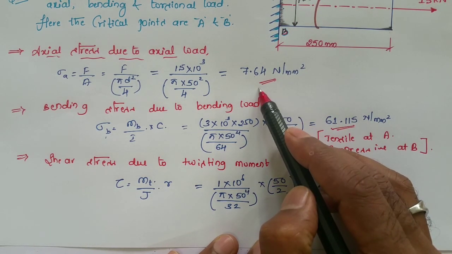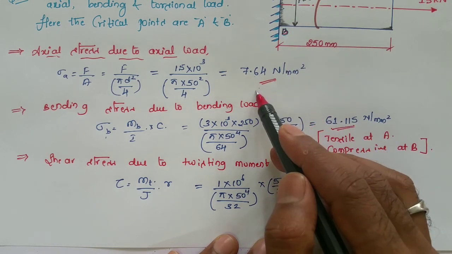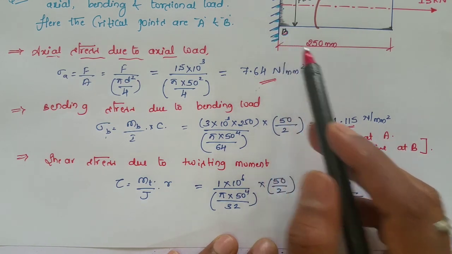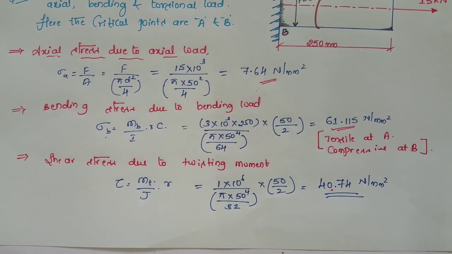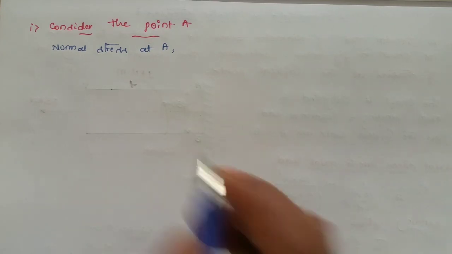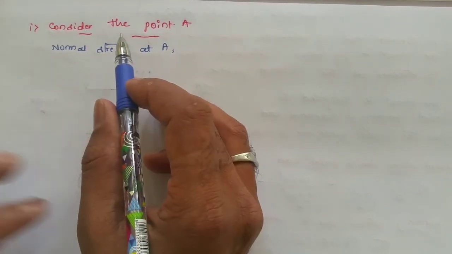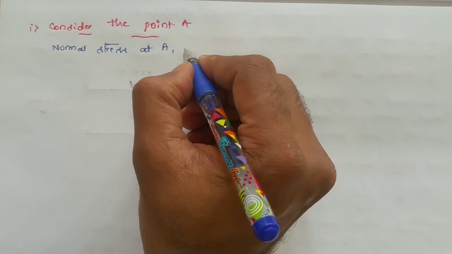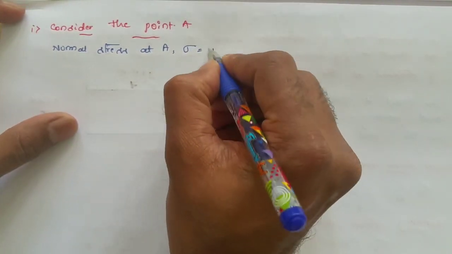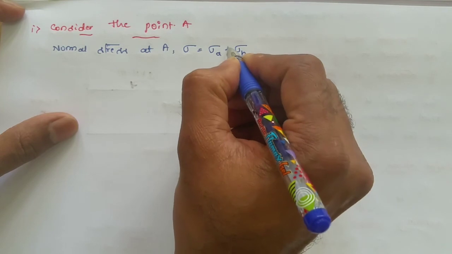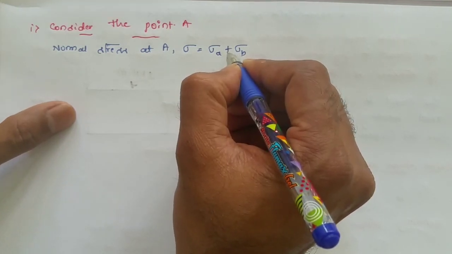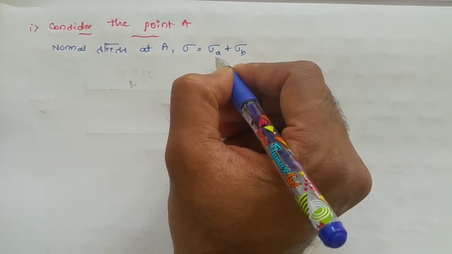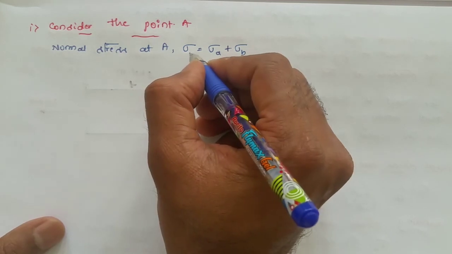This axial stress will be tensile in nature, tensile at both A and B. Now the normal stress at A, because we are now considering point A, I will take in terms of sigma, which is given by sigma axial plus sigma bending. We take the positive, because the top layer of the member will be subjected to tensile, and axial will be tensile in nature itself. So this is our normal stress sigma.